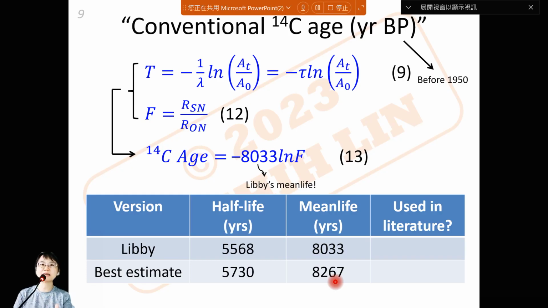And during these decades, many, many papers have been published. In order for later scientists to be able to compare their results with earlier literature, scientists agree that even though we know today this mean life is incorrect, we still use it. This is a way how scientists memorize the great contribution by Libby by using his wrong number. Yes, so this one is used in literature.